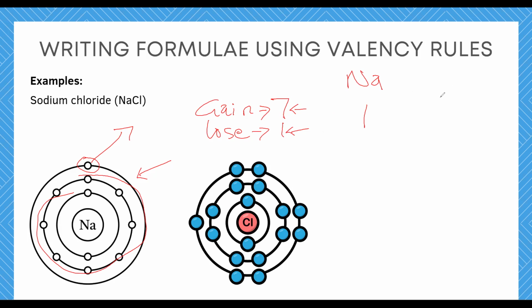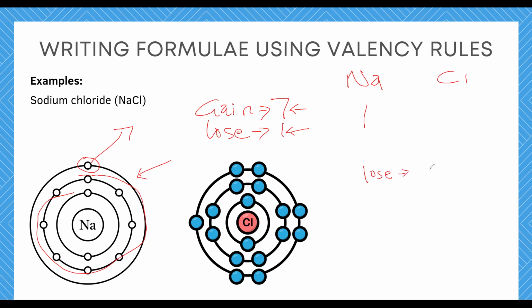Did you understand that, Romario? Good. So how about chlorine now? Cl. Can you tell me what the valency will be? One, two, three. So it needs to lose one, two, three, four, five, six, seven.